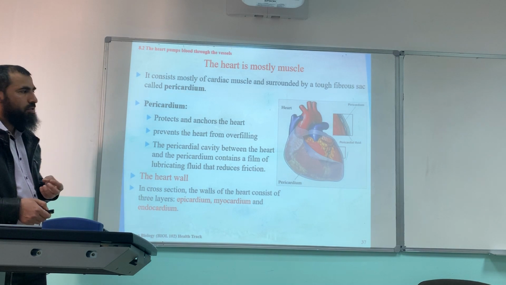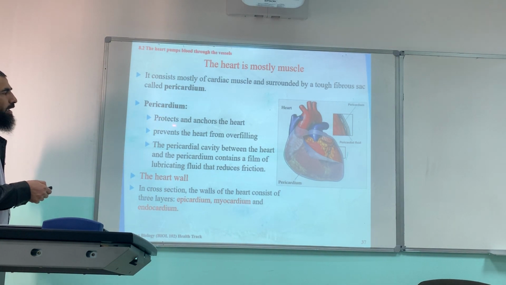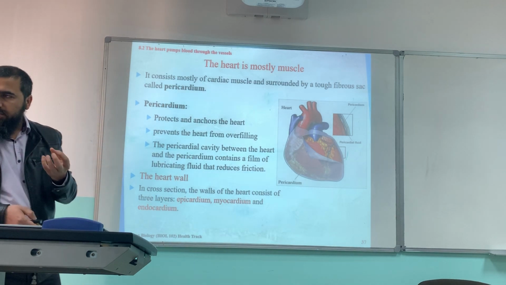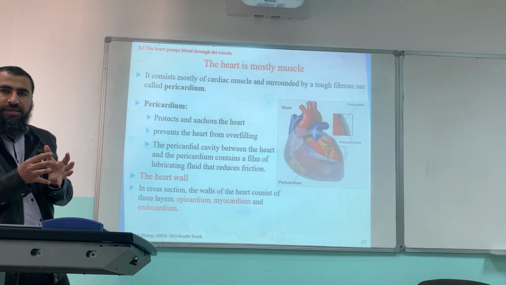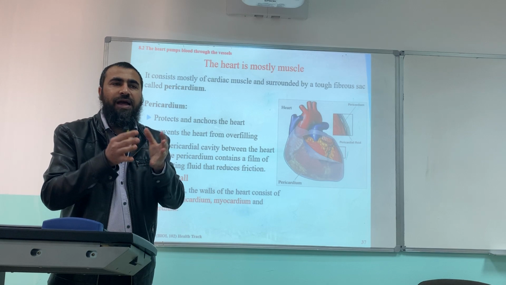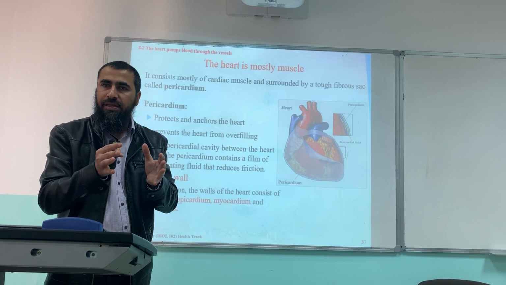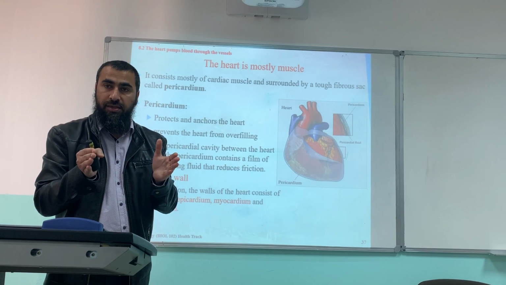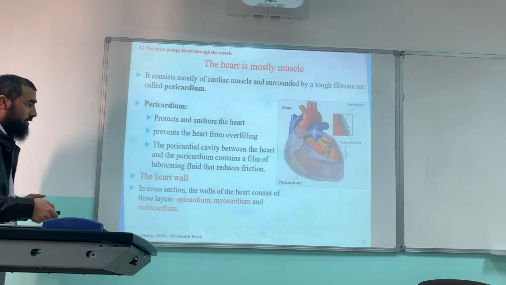So it helps to protect the heart, it anchors it in place, and it also prevents the heart from overfilling. It's like a limit for the heart. Once the heart has blood that reaches the size of the pericardium, it can no longer fill. So it prevents it from overfilling.